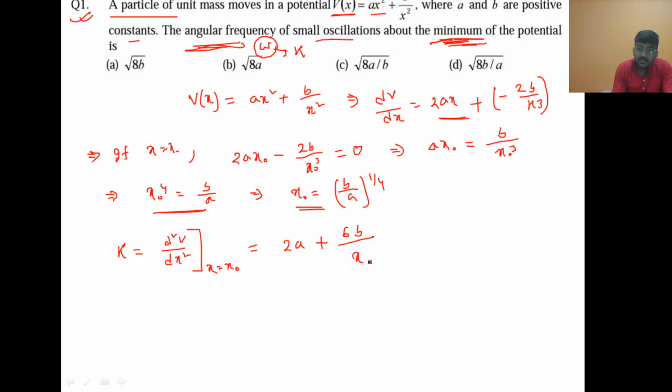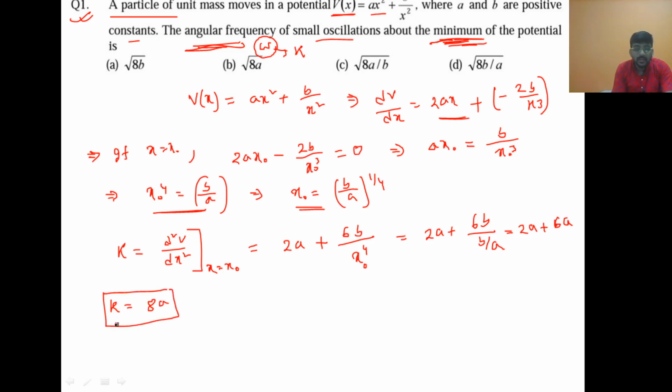At x = x0 it will be x0^4, so it is 2a + 6b/x0^4, where x0^4 is b/a. So b will be cancelled out, and it will be 2a + 6a. So we find that k = 8a.